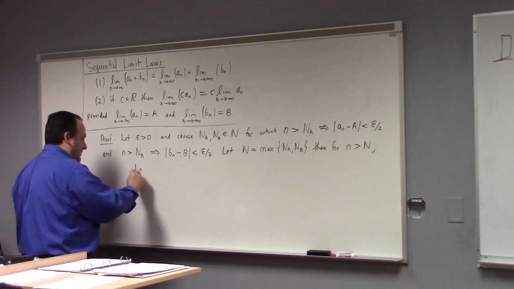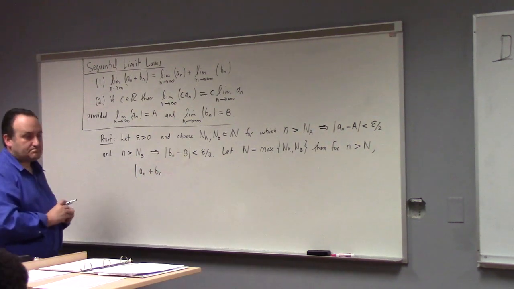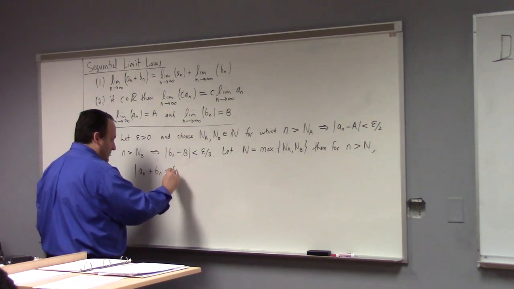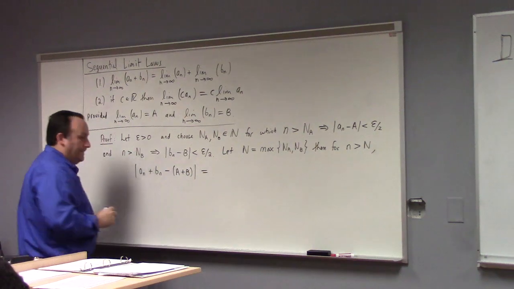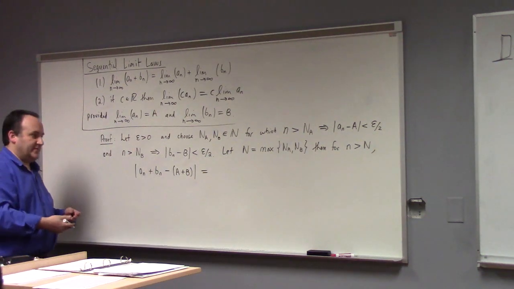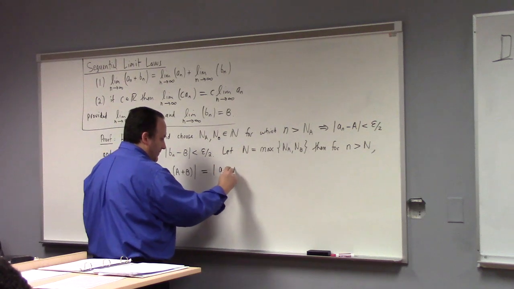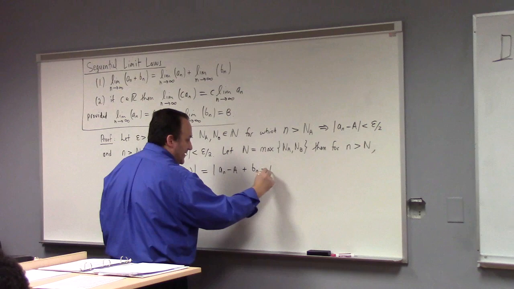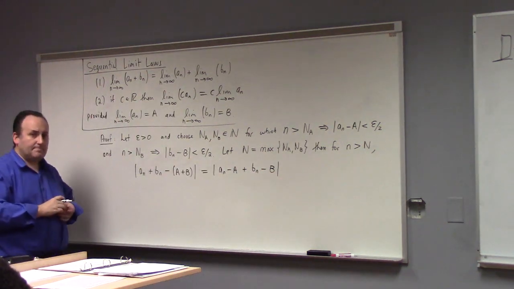If we look at the absolute value of a sub n plus b sub n minus parentheses A plus B, what is that equal to? Well, just make an algebra step here. That's equal to the absolute value of a sub n minus A plus b sub n minus B. So I just distributed, just plain old algebra step there, right?